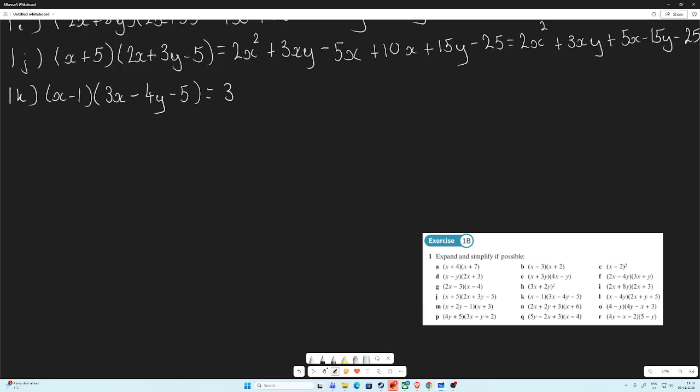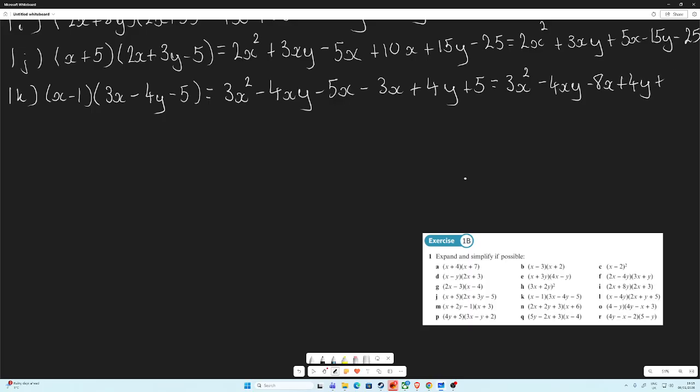So that's 3x squared minus 4xy minus 5x minus 3x plus 4y plus 5. So that is equal to 3x squared minus 4xy minus 8x plus 4y plus 5.